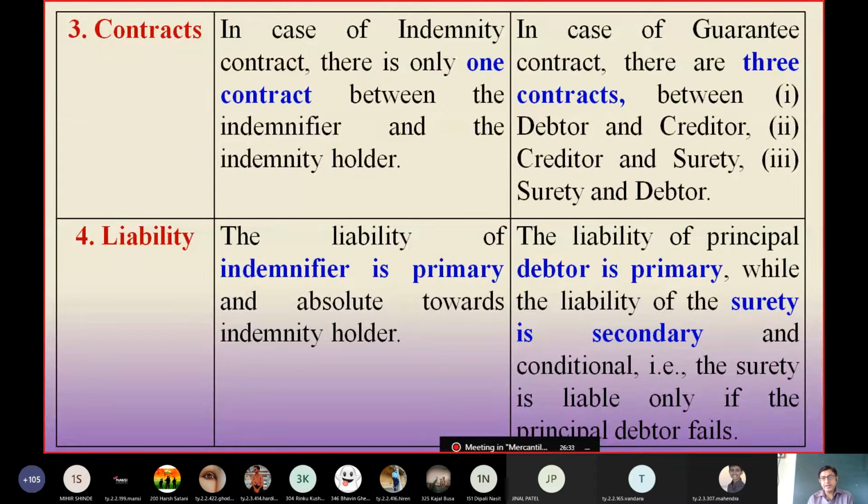So his liability is primary, while the liability of the surety is considered secondary and conditional. The surety is liable only if the principal debtor makes a default or fails to pay his liability. If the debtor does not pay, then only the surety is supposed to pay. So his liability becomes secondary and conditional.